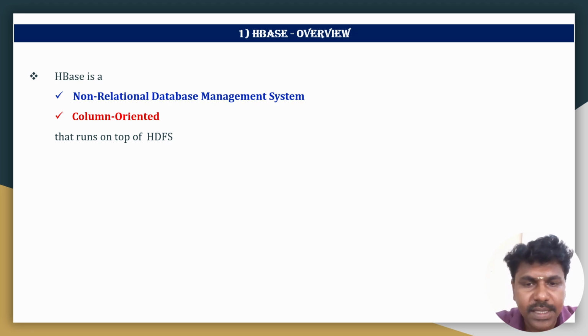Most probably, HBase is column-oriented, supports horizontal scaling, and allows for real-time read-write access, making it an essential component of the Hadoop ecosystem. So mostly HBase is a non-relational database management system that is column-oriented and runs on top of HDFS.